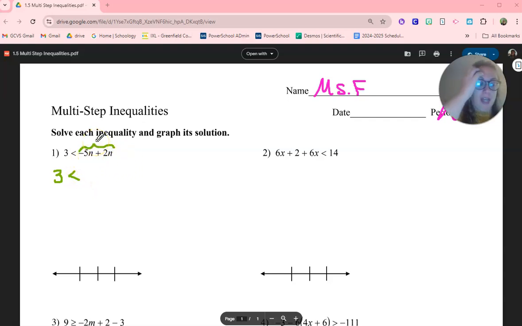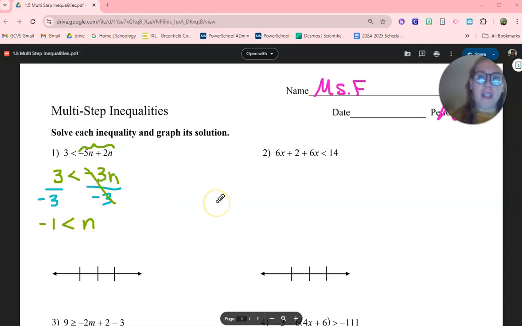Since they both have an n to the first power, negative 5 plus 2 gets us a negative 3n. We want to get n completely by itself, so since negative 3 is being multiplied by n, we're just going to divide both sides by negative 3. And then we get negative 1 is less than n.